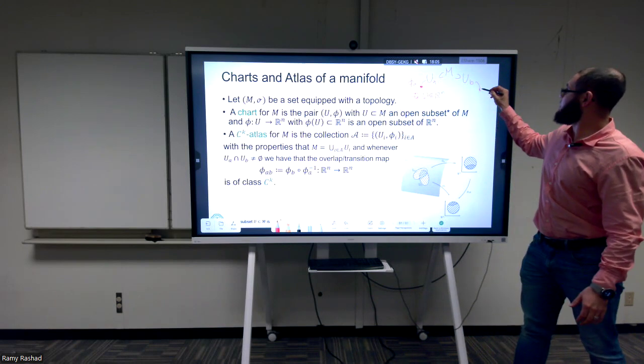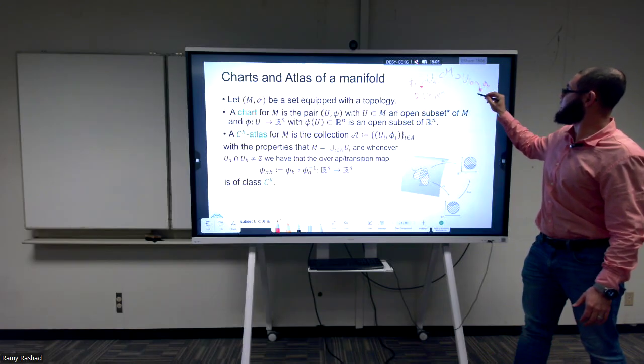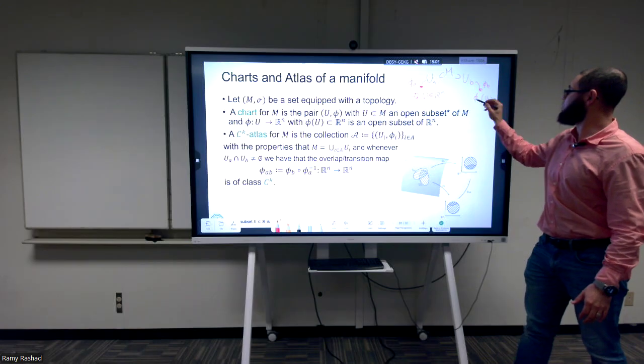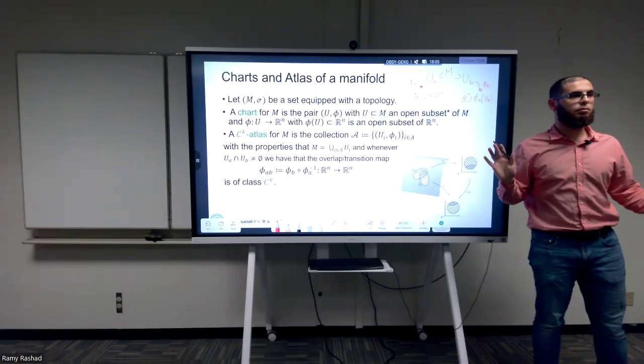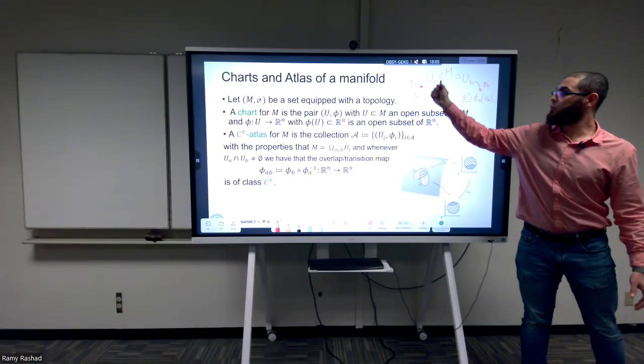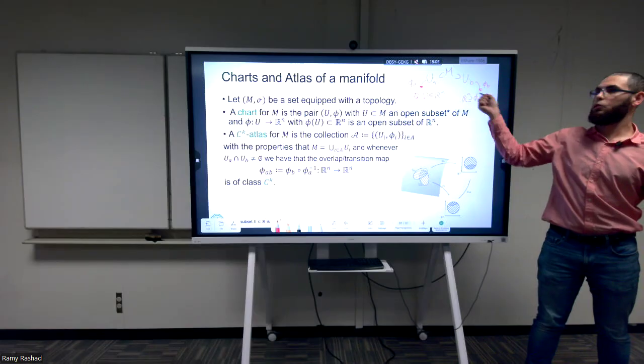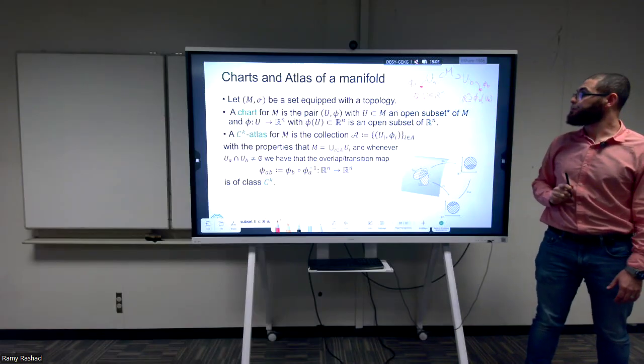And phi B takes me to the image of UB under phi B, which is another subset of Rn. Clear for everyone? So these two together may make up a chart.